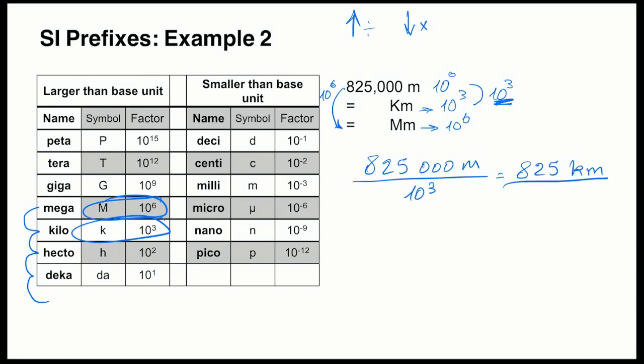That's my first conversion. And if I go to megameters, what I'm going to do is 825,000 meters divided by 10 to the power of 6, which is a million, and that is going to give me 0.825 megameters. All right, that's the conversion.